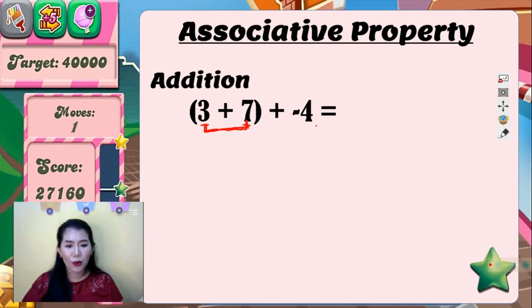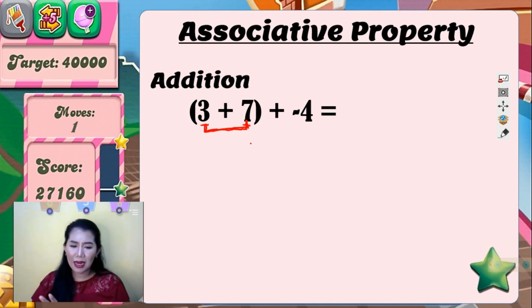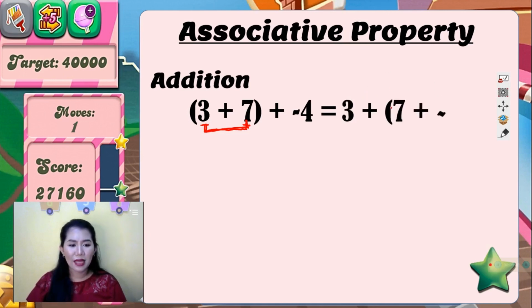So, kapag nakuha mo na yung sagot nitong 3 plus 7, saka mo dagdagan ng negative 4. Okay? Ano kaya ang kalalabasan kung ang susundin natin ay ganito? 3 plus 7 plus negative 4. You see? Magkaparehas pa rin yung order: 3, 7, and then negative 4.